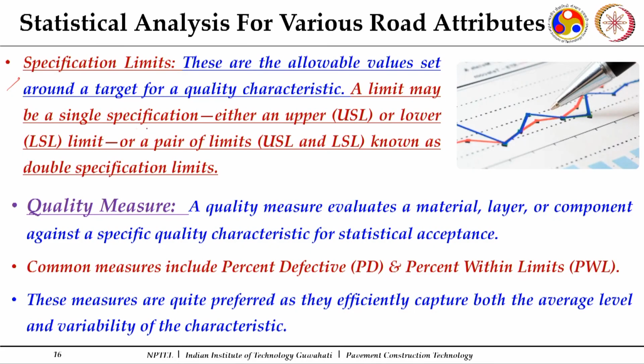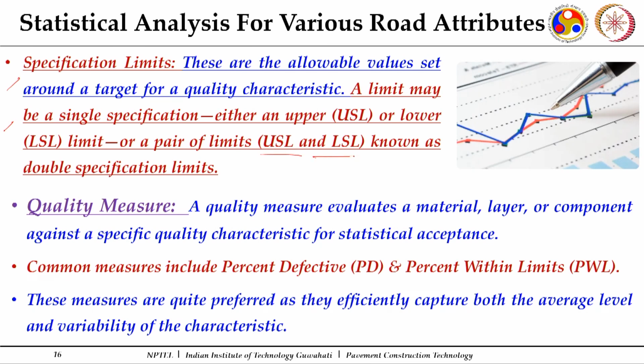So, this is an upper specification limit. Similarly, for impact it may be 24% or 27%. And there are certain requirements where the value should not fall below a certain limit, which may be in terms of binder content or density. So, a limit may be a single specification limit, either an upper specification limit or a lower specification limit.